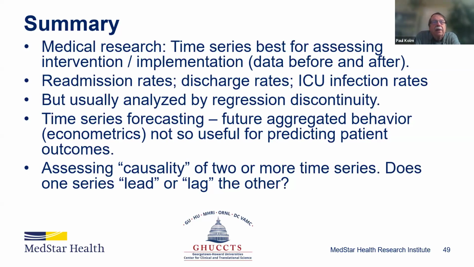It's not very accurate. And then the other use in medical research is assessing causality of two or more time series. And here we're talking about Granger causality, or does one series lead or lag the other?